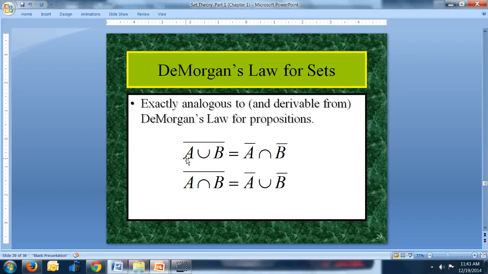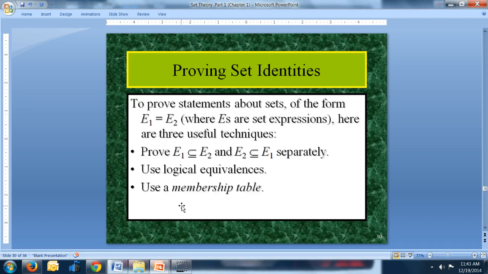The complement will be the rest of the universal set that is not in the union of A and B, which is equivalent to the intersection of the complement of A and the complement of B. The other identity, the complement of the intersection, is equivalent to the union of the complements. So we have to reverse it this way.